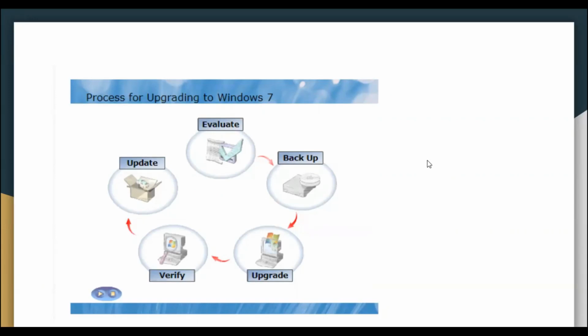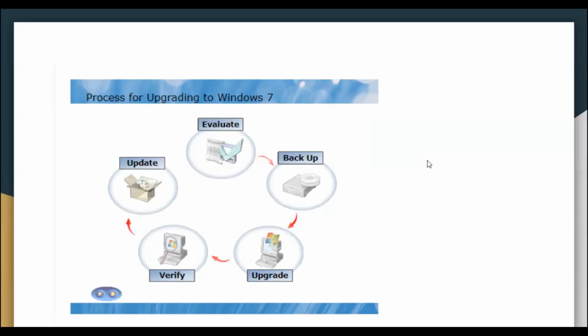So once your organization has decided and is ready to upgrade to Windows 7 and has verified that it meets the technical requirements, it's time to begin planning for the upgrade. Before you begin, the basic healthy and secure computing steps will help ensure a smooth upgrade.